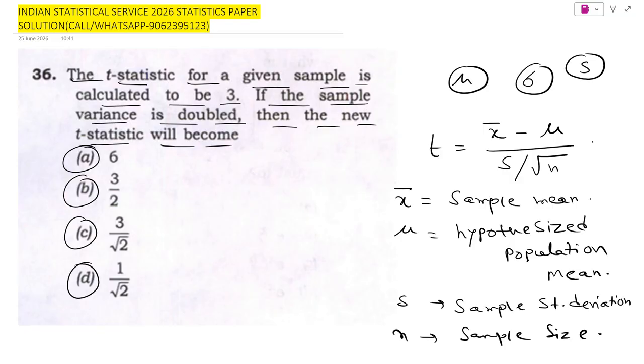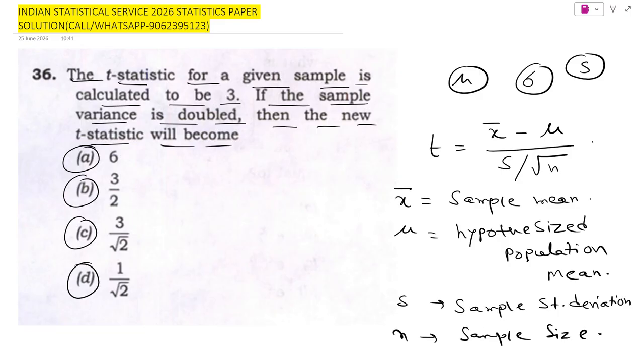Now, think of the t statistic not as a dry formula, but as a signal to noise ratio. The signal is the numerator, x bar minus mu, which tells us how far the observed sample mean deviates from what we expected, and the noise, the uncertainty, is the denominator, S by root n, known as the standard error.